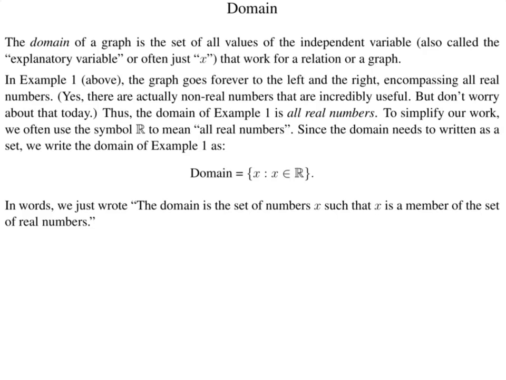That's not what we actually say. Instead we say it's the set of numbers x such that, the colon means such that, x is a member of the set of real numbers. That little funky E symbol means is a member of the set.